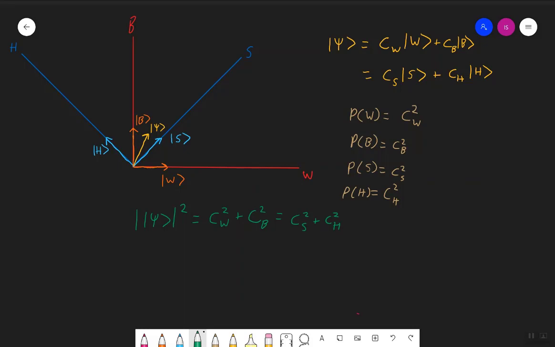But we also know something else. We know that probabilities have to add up to be the same amount. So we know that the probability that the particle is white plus the probability that the particle is black, we know that that has to equal 1, right? Because the particle can either be white or black, right?